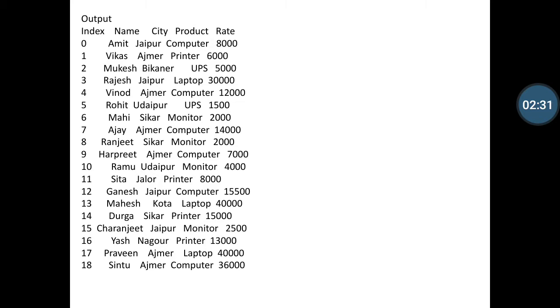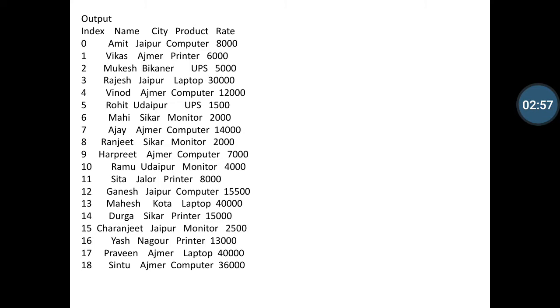You can see by default the index is created from 0 to 18. So I filled 19 records in my Excel file, with the fields name, city, product, rate, and the index is generated by default by the pandas library.